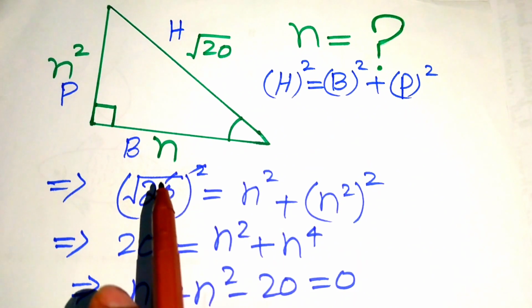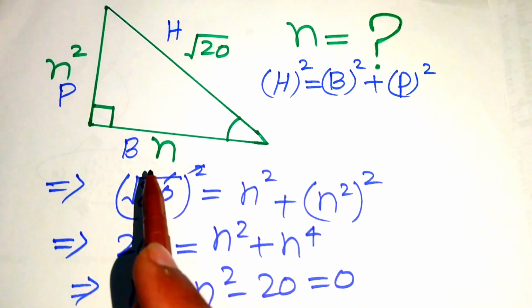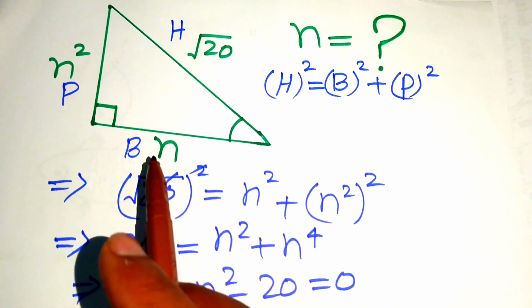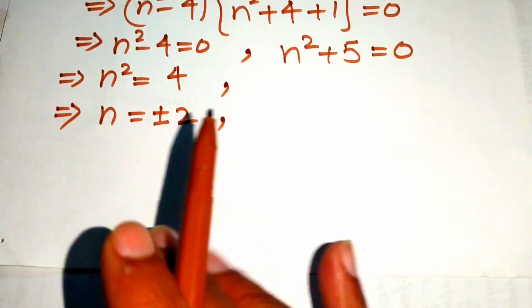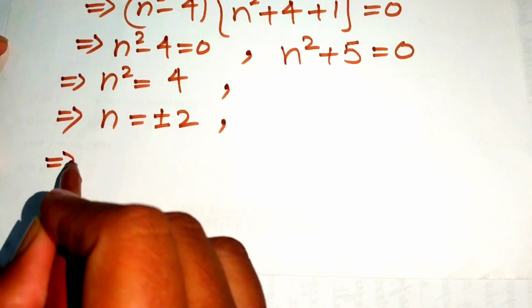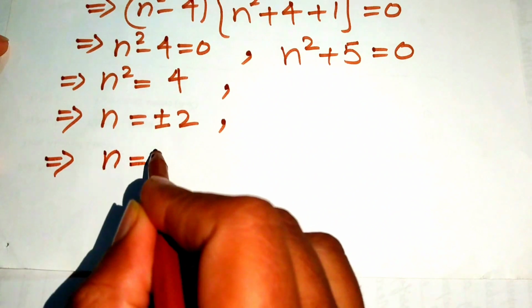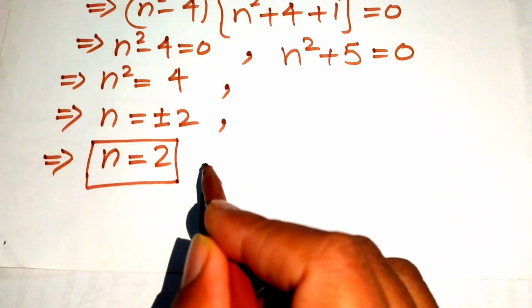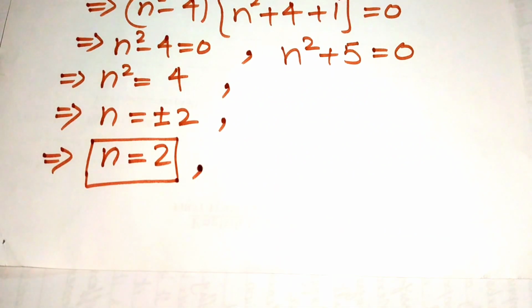The side length of a triangle cannot be negative, it is always a positive length. So we reject the negative case and take just the positive case. So we have n equals 2 as one real solution of this problem.